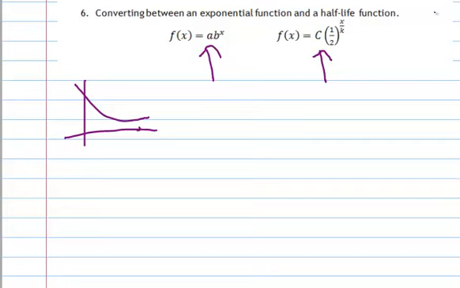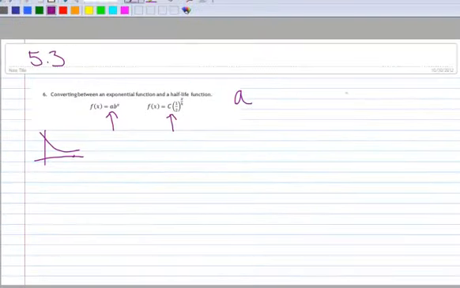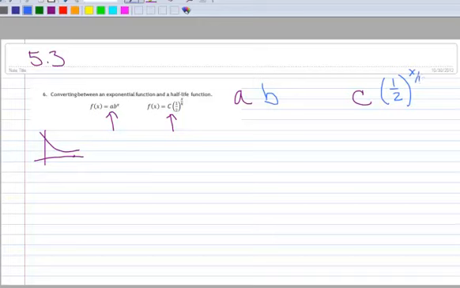So if we look at both sides of the equation, I've got an A, and over here I've got a C, and both of those mean the same thing. Then I've got a b to the x, and over here I have 1/2 to the x over k.